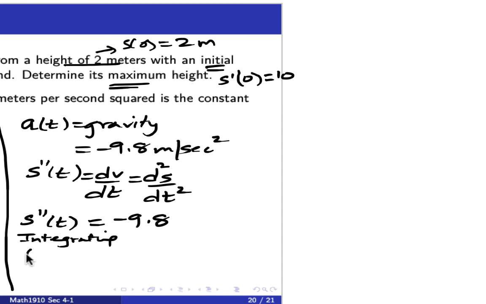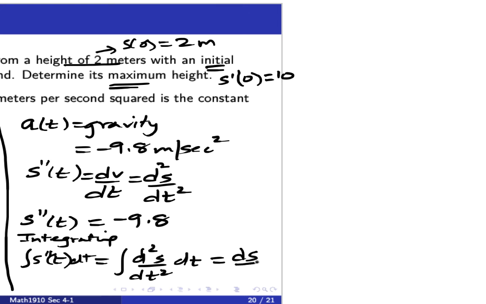When you integrate s double prime of t, that is d squared s over dt squared times dt, you are going to get s prime of t. When you integrate, you get one less derivative here, guys. The integral cancels out with one d, and you get ds over dt.